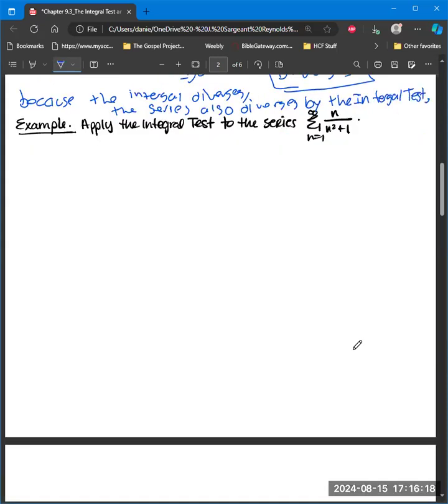All right. Apply the integral test to the series n over n squared plus 1. So let's think about that one. No asymptotes, but I do have a 0 here to consider for f of x equals x over x squared plus 1.